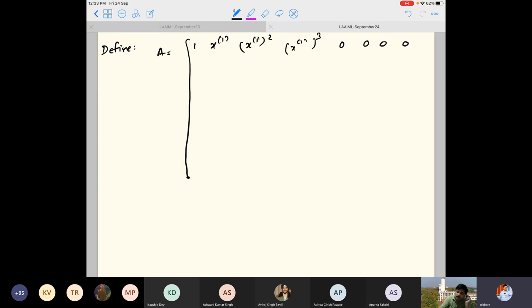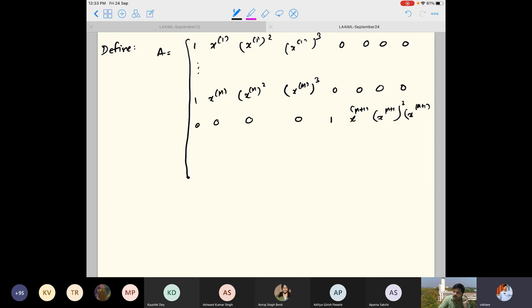You will have such rows up to xm. So 1, then the point xm, xm square, xm cube, and 0 0 0 0. Then you will have 0 0 0 0, 1, the (m plus 1)th point, its square, and its cube. You understand this matrix?